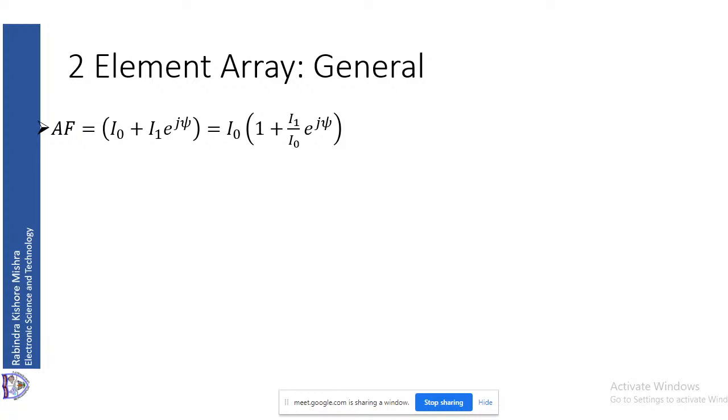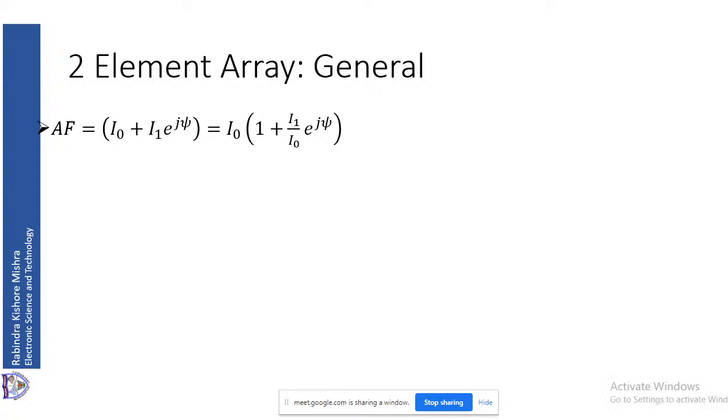Now we will consider that these two elements may not be uniform, which means the amplitude of the excitation current is not the same, each element has a different current, and there is a phase difference, as in the previous special case.